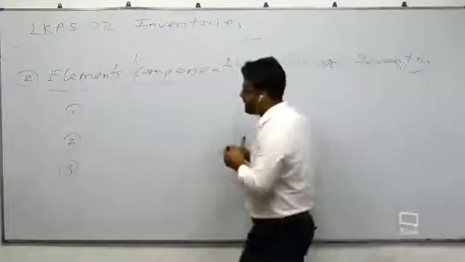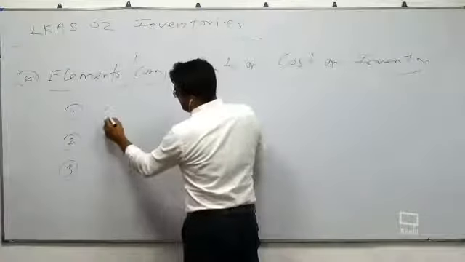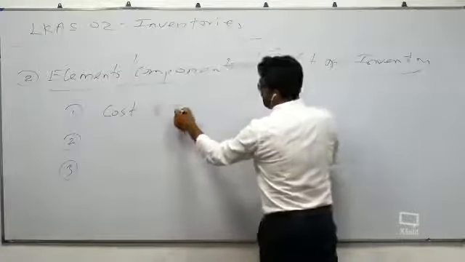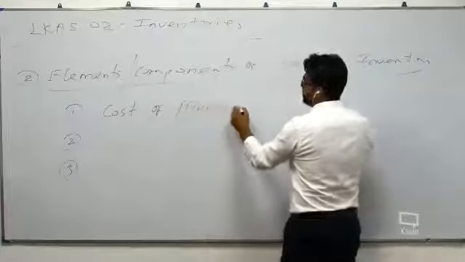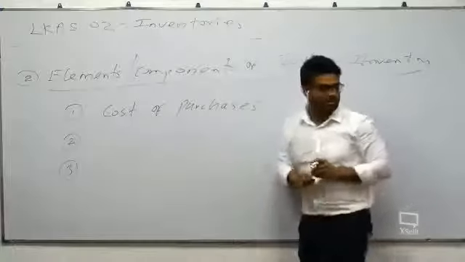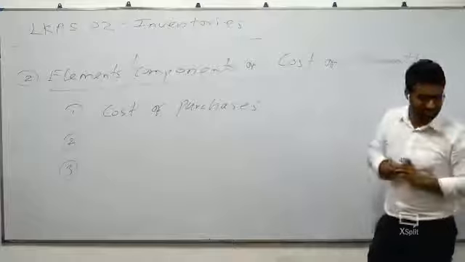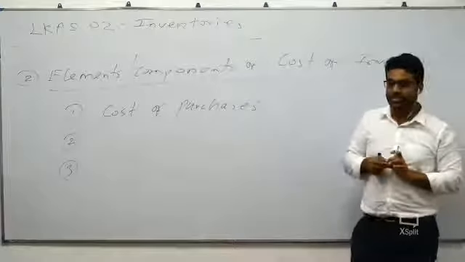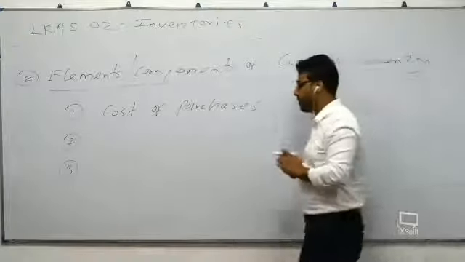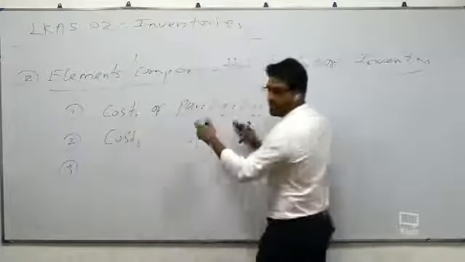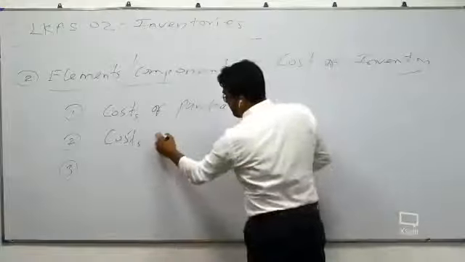Number 1, we call it cost of purchases. Very simple. Buying goods, purchasing goods. Another one, cost of conversion.